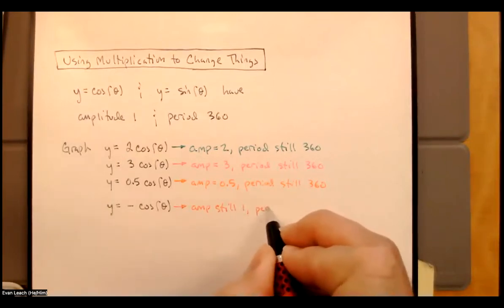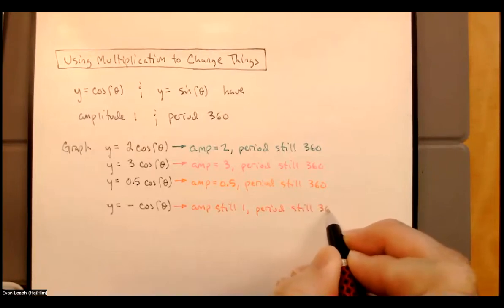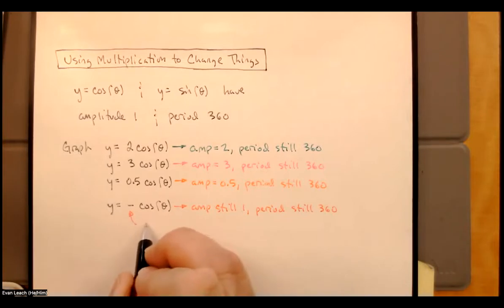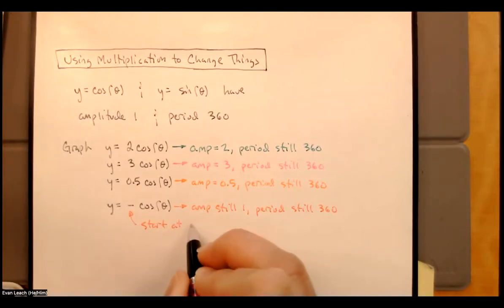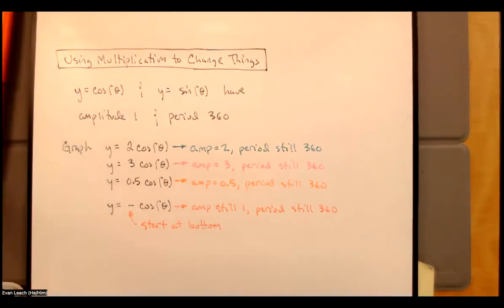The amplitude is still 1. The period is still 360, but this negative means that we started at the bottom. We just take the top and multiply by -1, and we end up with the bottom. The opposite of the top is the bottom. That's what multiplying by -1 does.